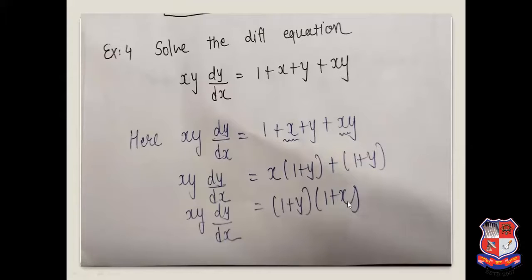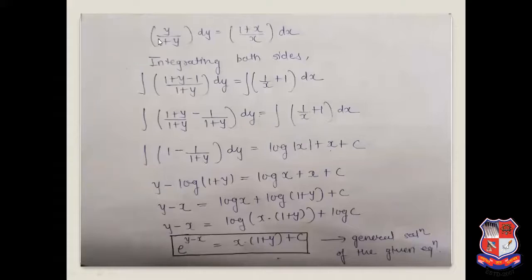Now write the variable x with dx and the variable y with dy. So here we write both the variables separately. y upon (1 plus y) dy equals (1 plus x) upon x dx. Now integrate both sides.